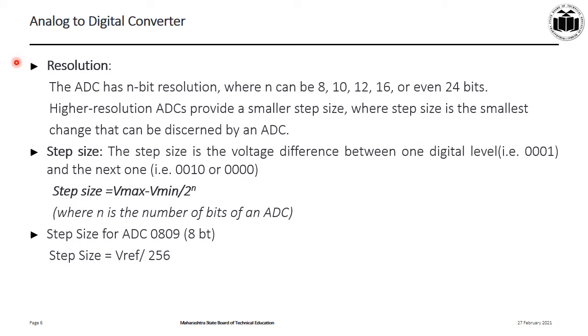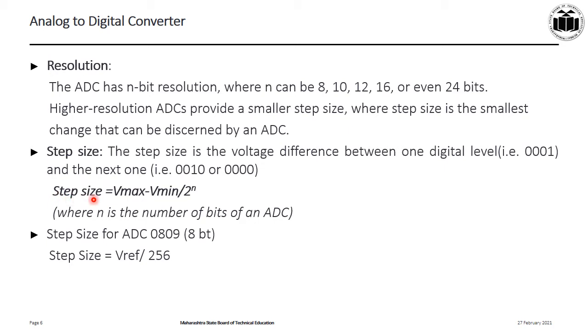Some terms related to ADC. An ADC has n bit resolution where n can be 8, 10, 12, 16 or even 24. Higher the resolution, smaller will be the step size. Step size is the voltage difference between one digital level to the next, so for example, from 0 to 1.